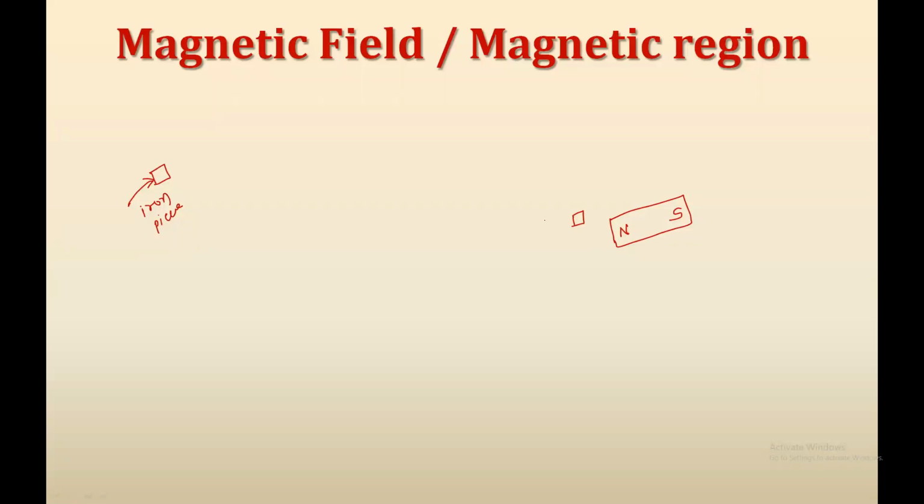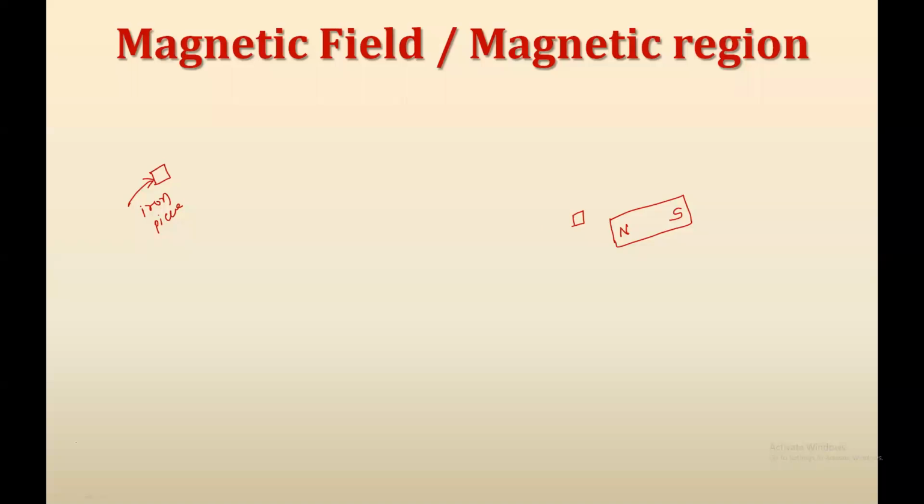This magnetic field depends upon the magnet only. If the magnet is very strong, definitely it has a large area around it. If the magnet is weak, it will have a small area around it. It depends upon the strength of that magnet.